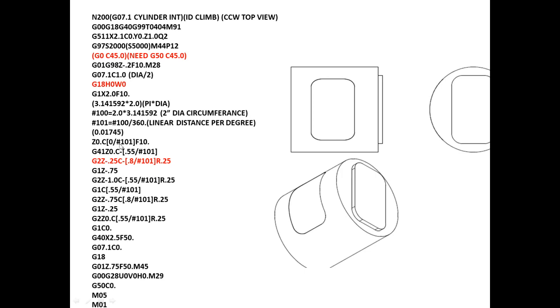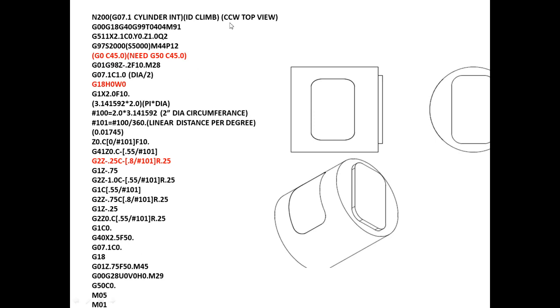That will give the angle. Based on this, the center line of the rectangle shape, the center of this one, is C0. So from the 0 position to 0.55, the calculation will come up with 30-some degrees and 40-some degrees over here. It automatically calculates all the way through until it's canceled with G7.1 C0, which is the canceling of your cylindrical interpolation.